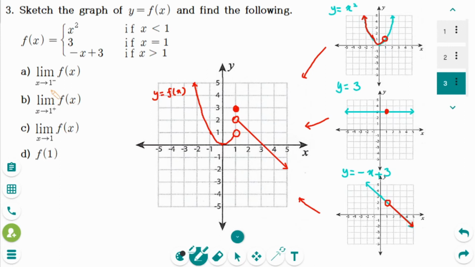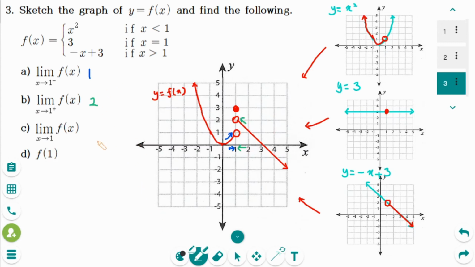Then number A, limit of f of x as x approaches 1 from the left side. So the y value is approaching 1. Number B, limit of f of x as x approaches 1 from the right, and the y value is approaching 2.